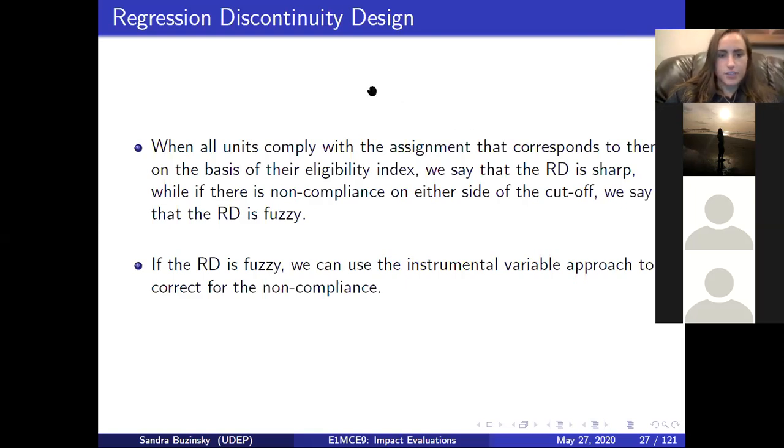Okay, and then another question in the comments is, can incomplete compliance be caused by manipulating the score? Or is it only when you are already labeled as no treatment and you find a way to get it? That's a good question. They're kind of different, because manipulating the score will make it seem like they should be in the treatment group, but they really shouldn't. That's harder to detect, because when we look at the data, we'll think they're in the treatment group, even if their true income is on the control side.